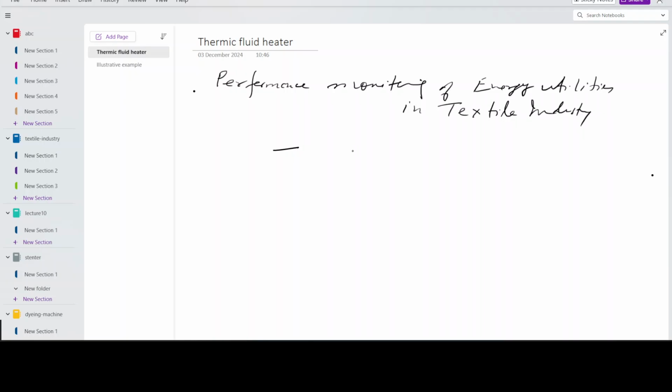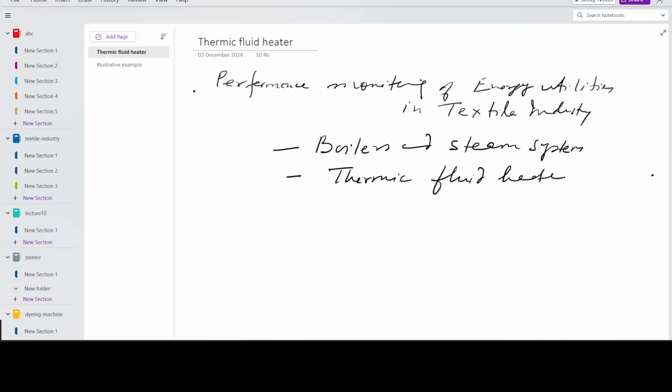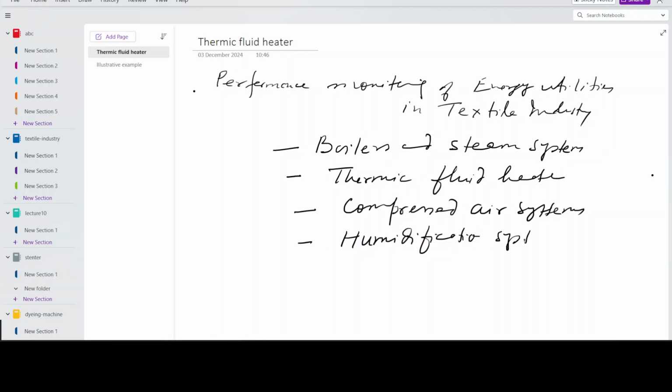Major energy utilities of textile industries are boilers and steam system, thermic fluid heater, compressed air systems, and humidification system.